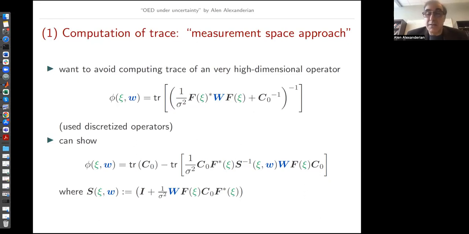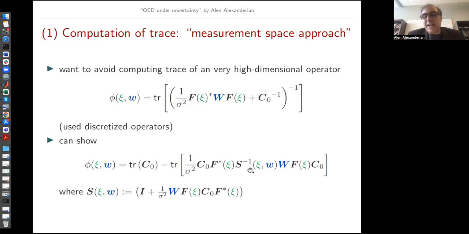So it could be thousands, tens of thousands. So this would be a high dimensional operator. And there are situations, which inverse problem people probably know, when your measurement dimension is much lower than the discretized parameter dimension, which happens quite a bit, where you can reformulate things a little bit.